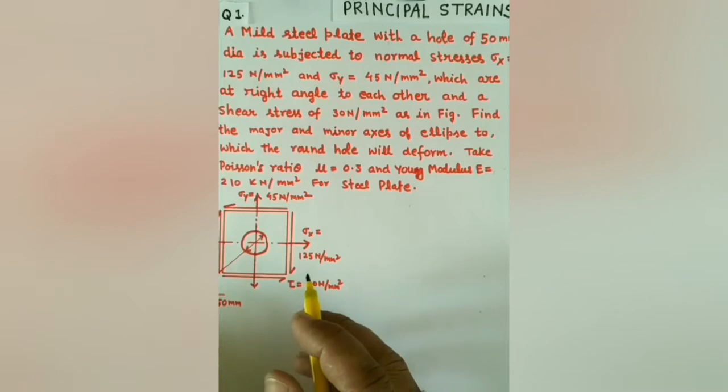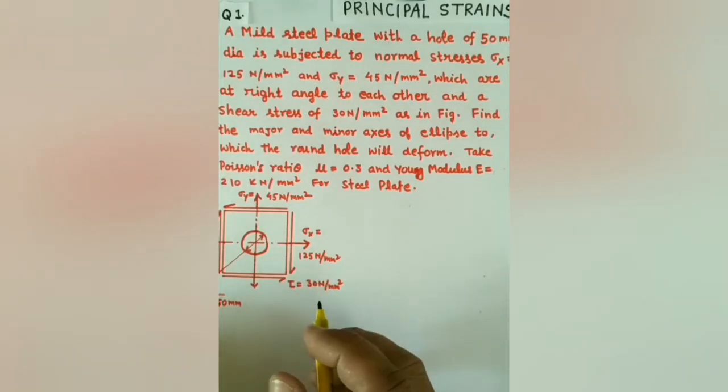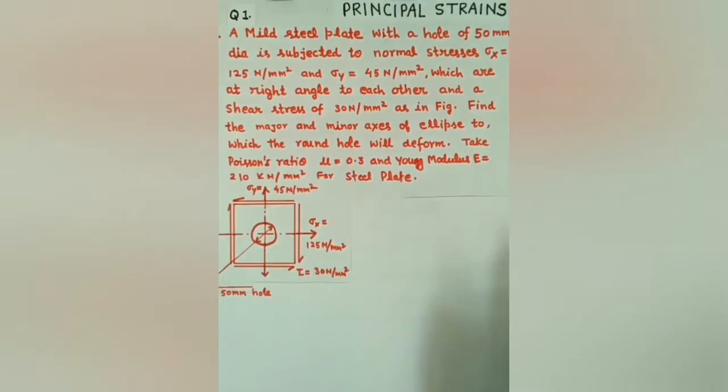Take Poisson's ratio mu equal to 0.3 and Young's modulus E equal to 210 kilonewton per mm square for the steel plate.